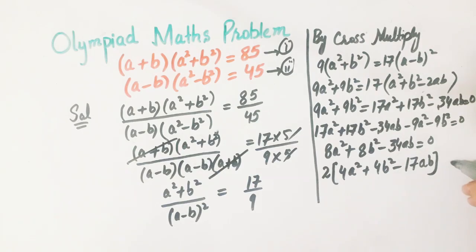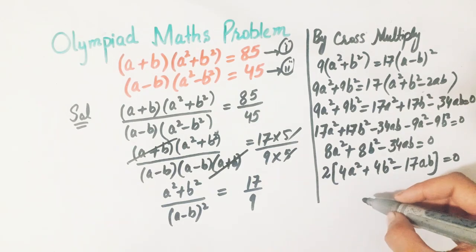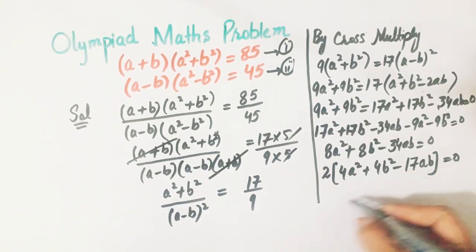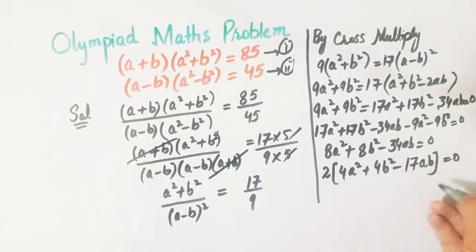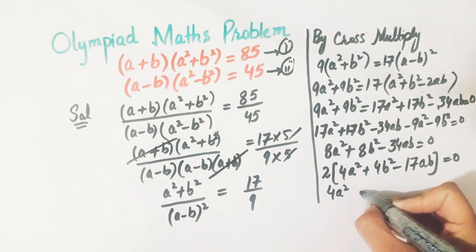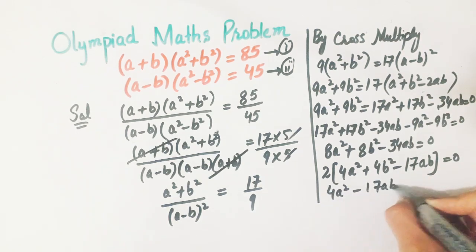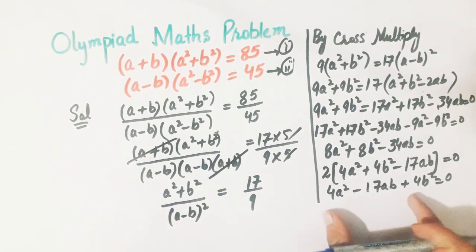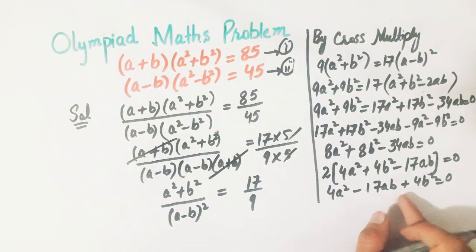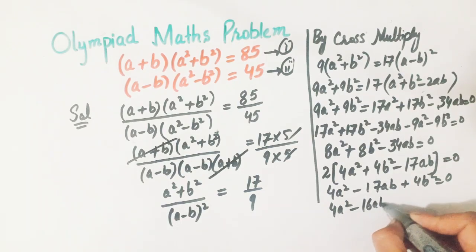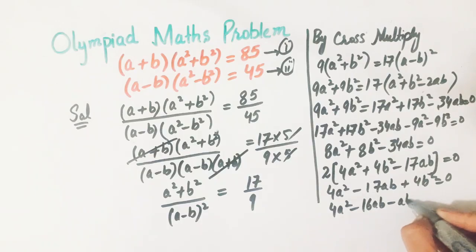Dividing by 2, we get the equation 4a square minus 17ab plus 4b square equals 0. Now make the factors of 16 such that when they are added they give 17. So 4a square minus 16ab minus ab plus 4b square equals 0.